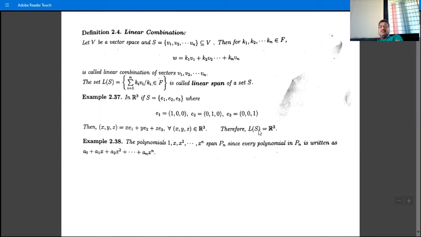And therefore, if S is the set containing the three vectors E1, E2, E3, then LS is equal to R3. Or we say that S spans R3, or R3 is spanned by S. Okay.